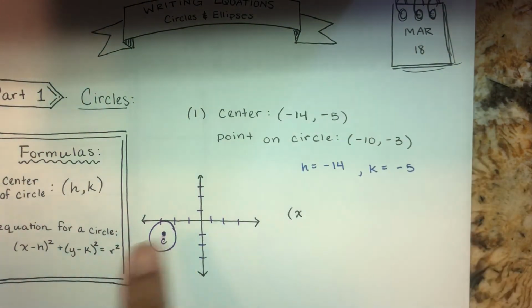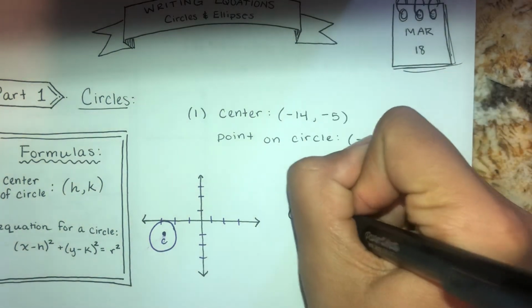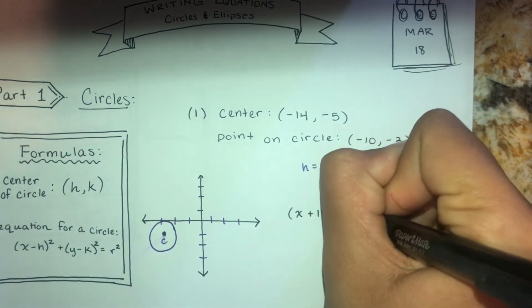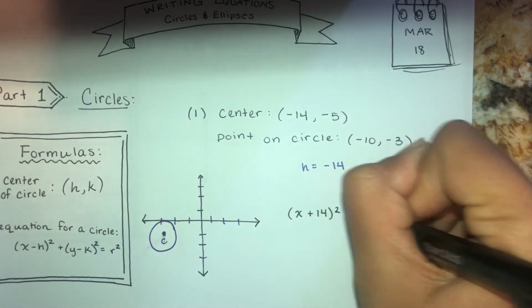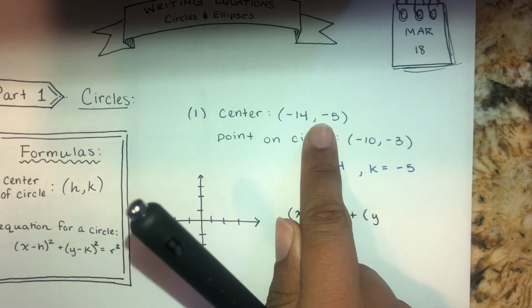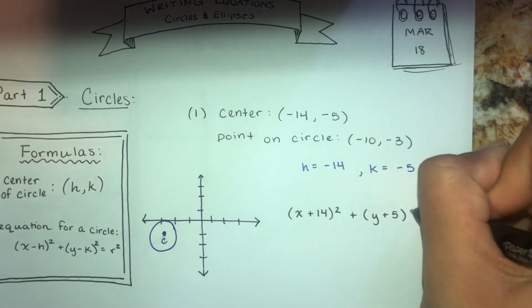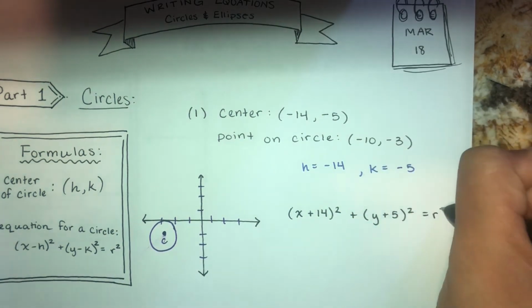Instead of x minus h, x minus negative 14, which is plus 14 squared, plus y, instead of minus k, it'd be minus negative 5, which is just plus 5 squared equals r squared.